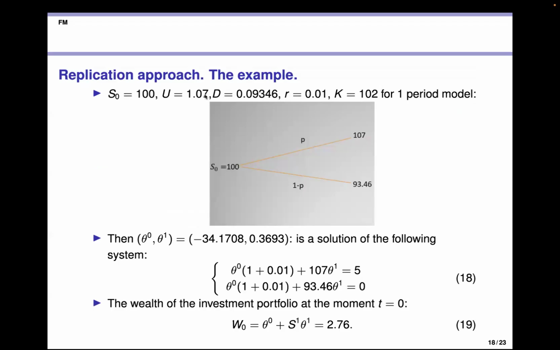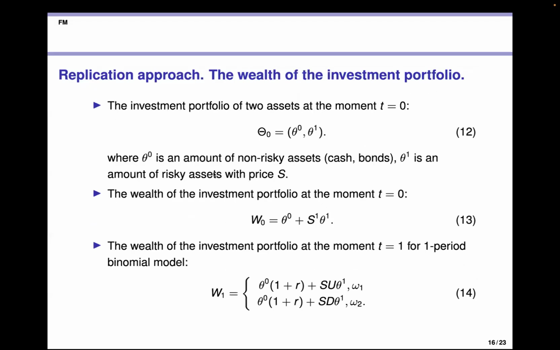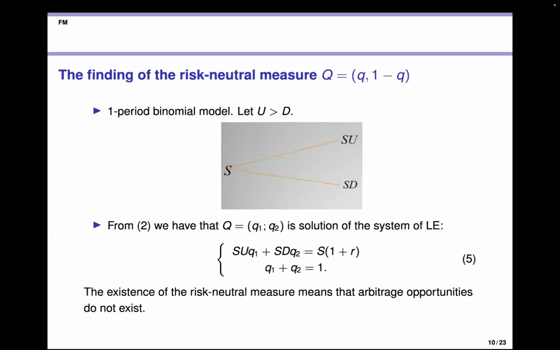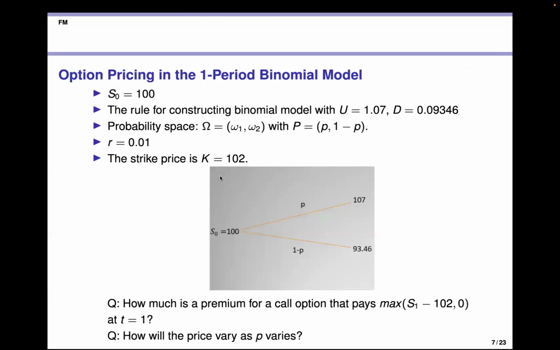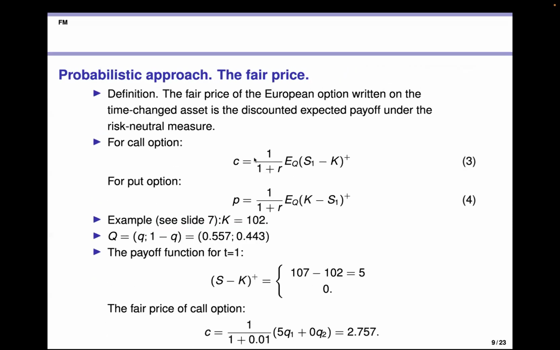Okay, but first I would like to consider the example. The same example. You remember, K and C, and that the premium, the fair price of the call option, was 2.757.